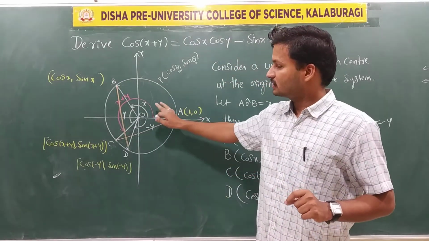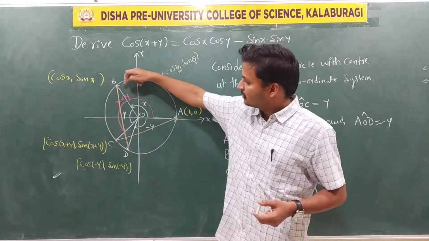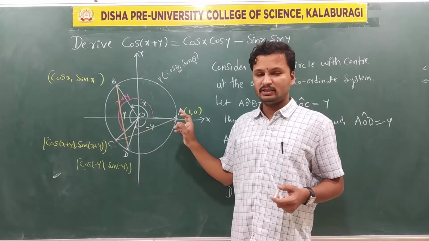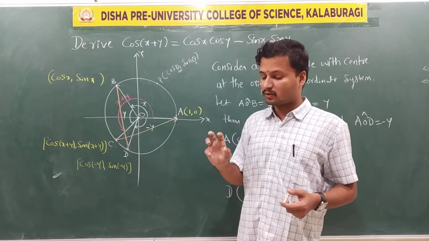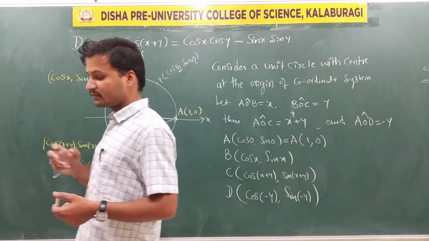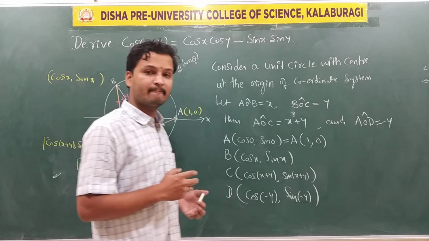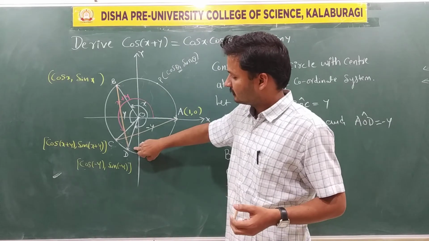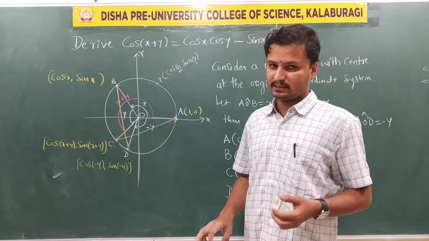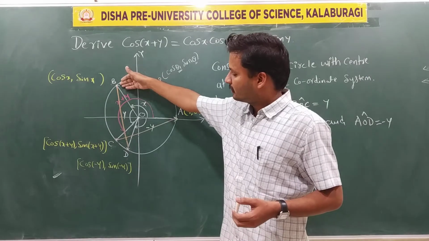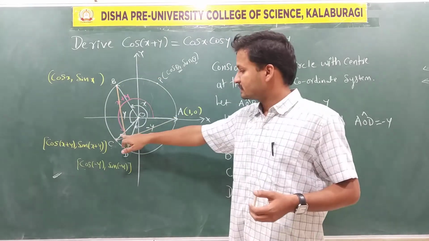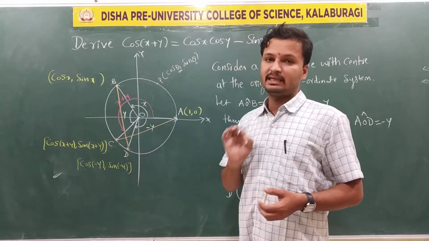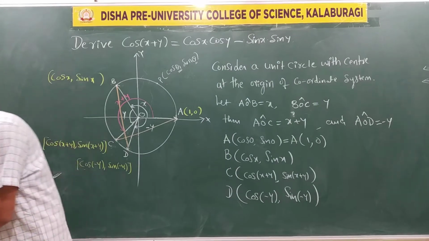When triangles are congruent, sides are equal, correct? So definitely the length BD is the same as the length CA or AC. The distance between the point B and D is the same as the distance between points C and A. So BD is equal to CA. Yes, we will prove it.